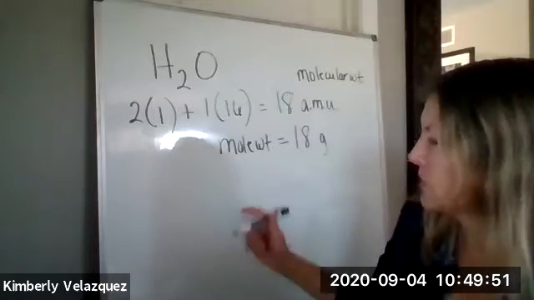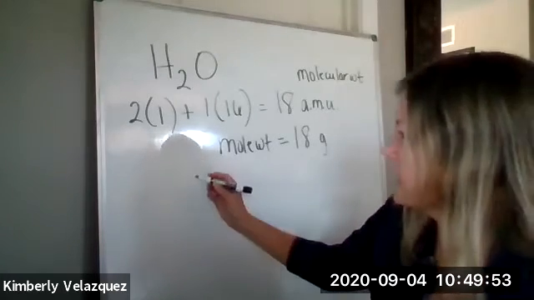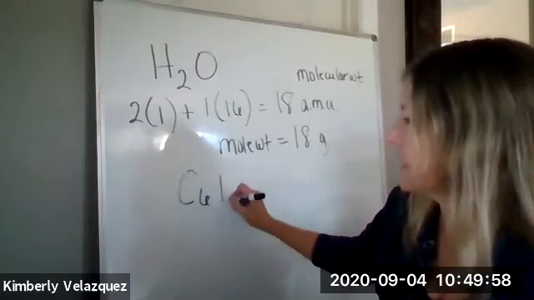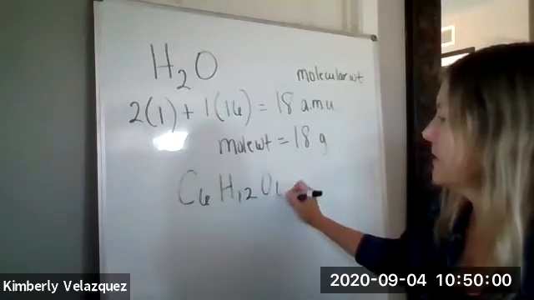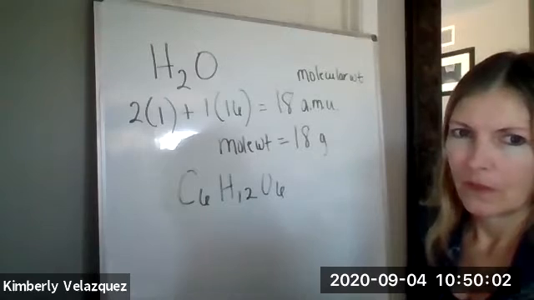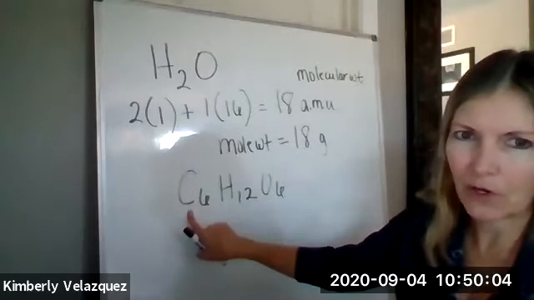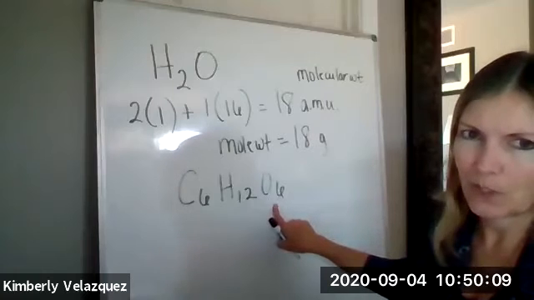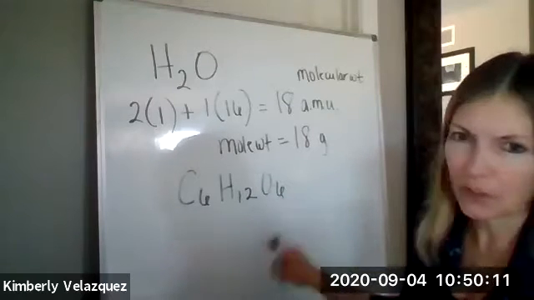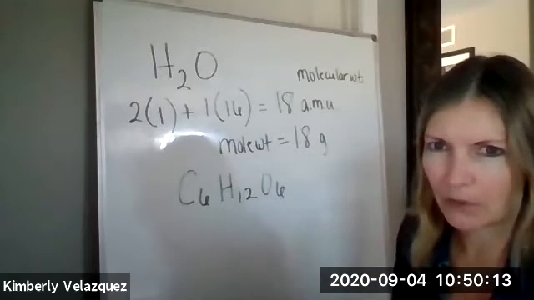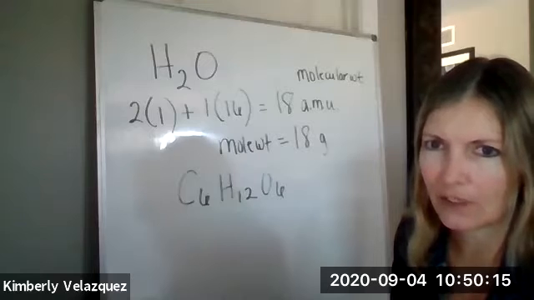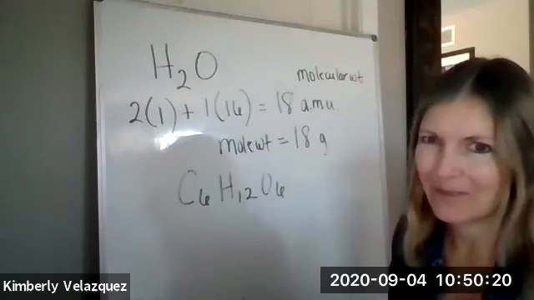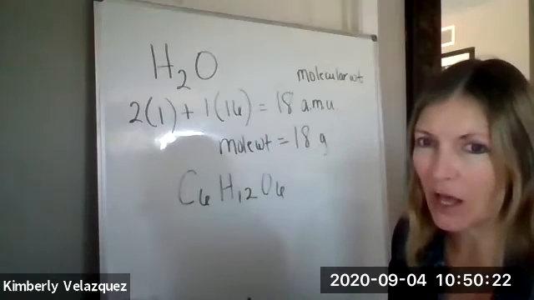So your first real question is, what is the molecular weight and the mole weight of glucose? C6H12O6. So it's going to be 6 times the weight of carbon plus 12 times the weight of hydrogen, 6 times the weight of oxygen. And I really encourage you to use the periodic table that I have posted on Canvas, because it rounds the atomic weights. I'm sorry, let me back up. It rounds the atomic weights.